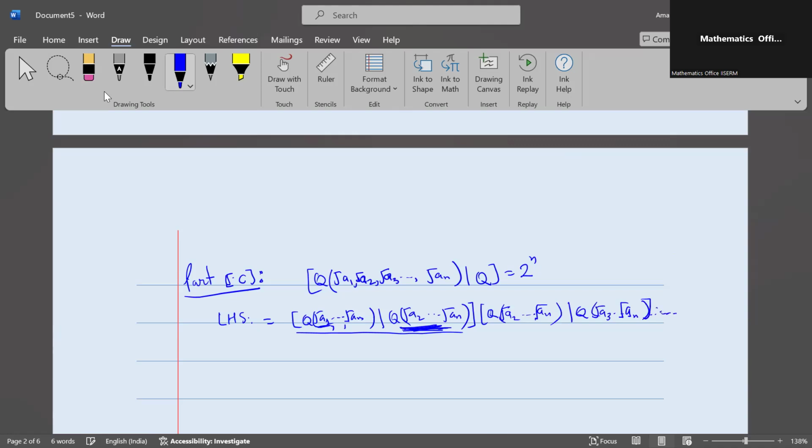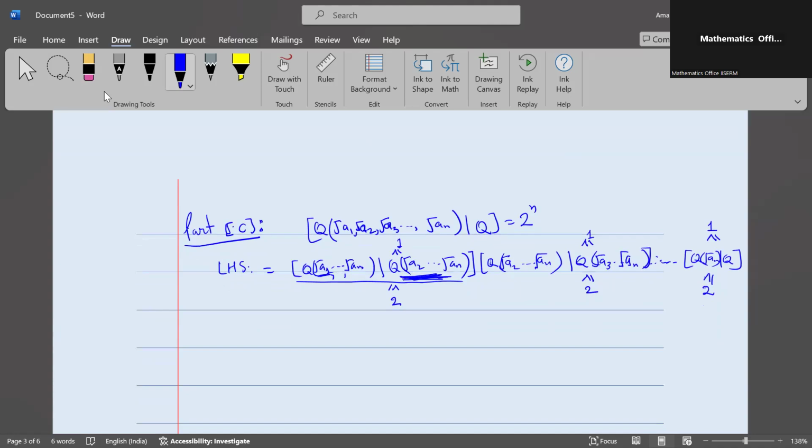You just multiply these degrees, and at the end you have the extension over Q. So each degree is less than or equal to 2 and greater than or equal to 1, and this follows for every one.